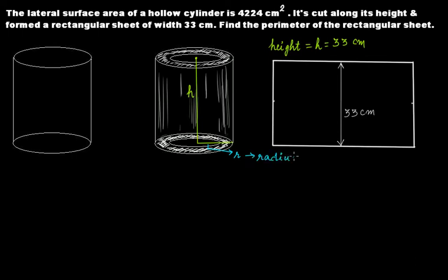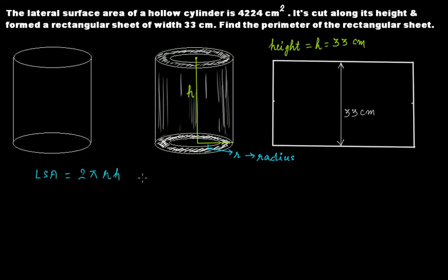Now, if r is the radius of the outer circular surface, and we have been given that the lateral surface area of the hollow cylinder is 4224 centimeter squared, it means the lateral surface area is the outer curved surface area that doesn't include the top circular area and the bottom circular area. So the formula to calculate the lateral surface area of a cylinder is 2 pi r h.